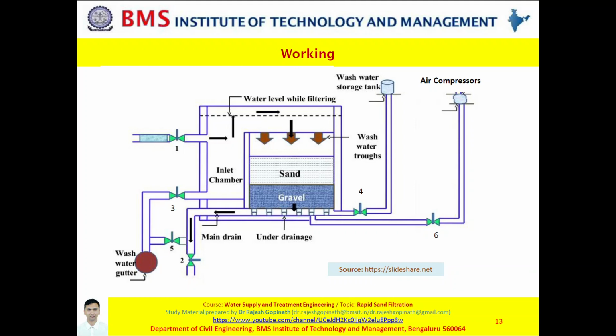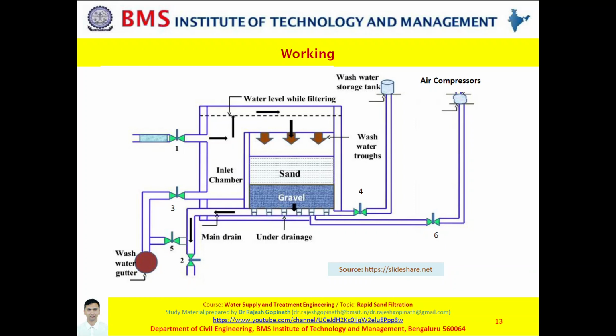Now, here, unlike the slow sand filters where it was the biological metabolism which took care of the filtration, in rapid sand filters, it is basically sedimentation, mechanical straining and electrostatic attraction which come into action.